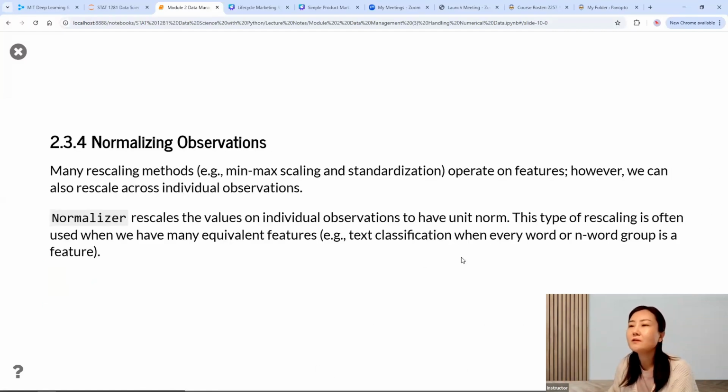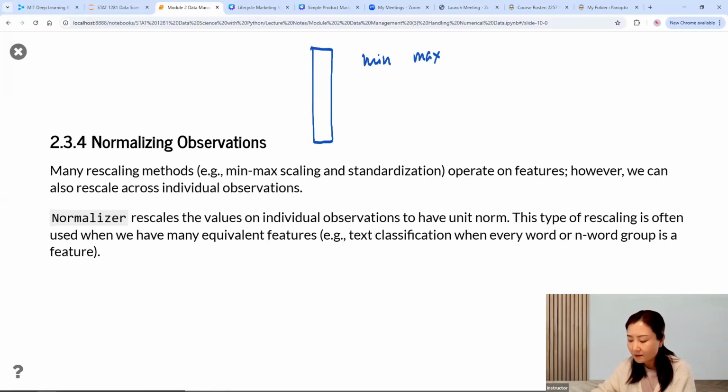The last one is the normalizer, normalizing observations. So far, the 3 scalers we talked about focus on columns. Notice that in the fitting part, it will calculate some statistics for each column. If we use min-max, we calculate min and max for each column.